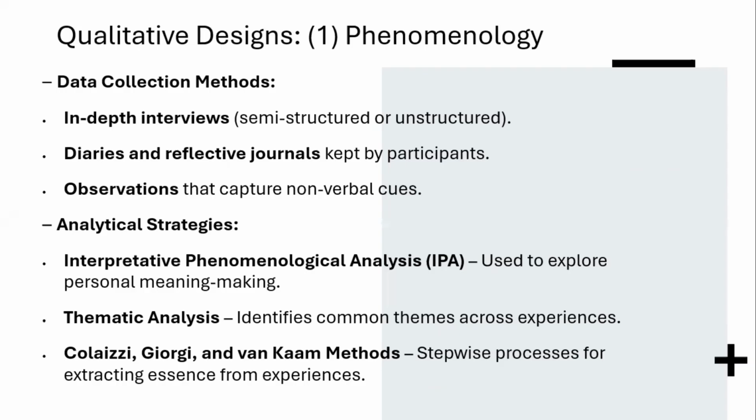And then you can also do observation. You can observe your participants as they go through their everyday lives. So you can collect all these three kinds of data in one study in trying to answer your research question. In terms of analytical strategies, when you do phenomenology, you are mostly going to do interpretive phenomenological analysis, IPA.